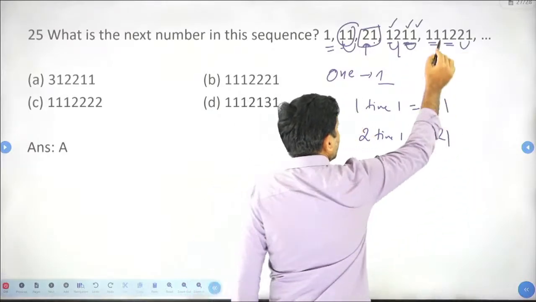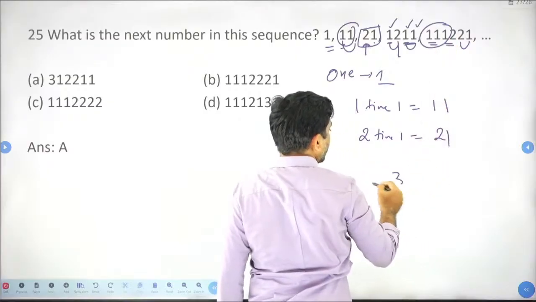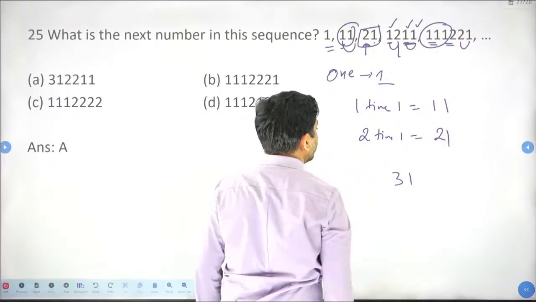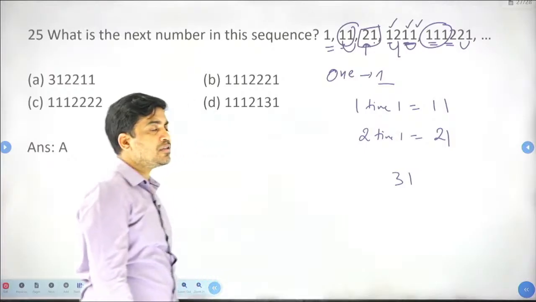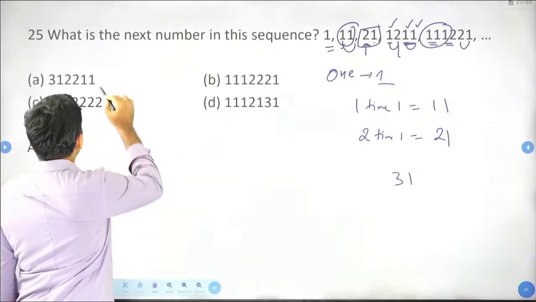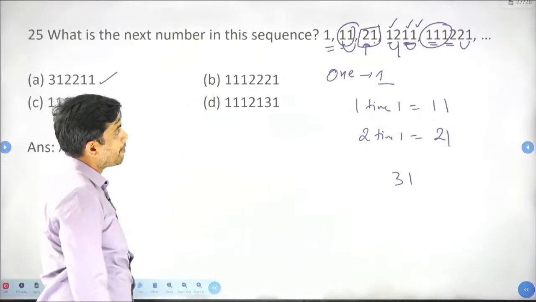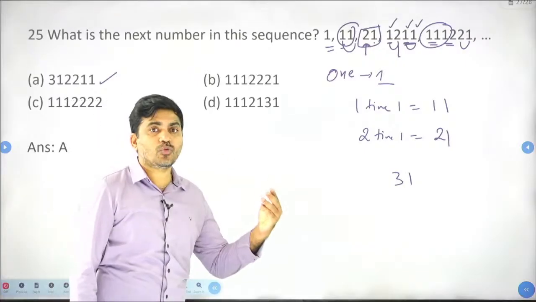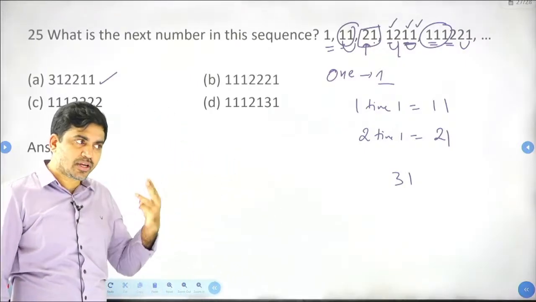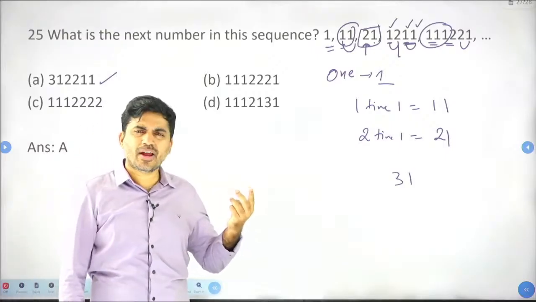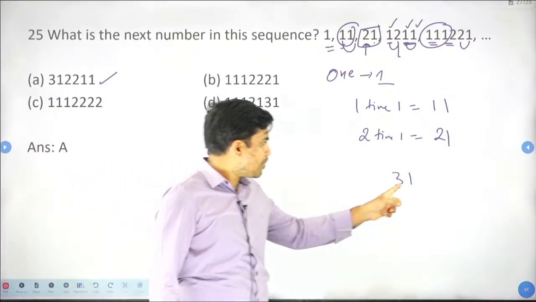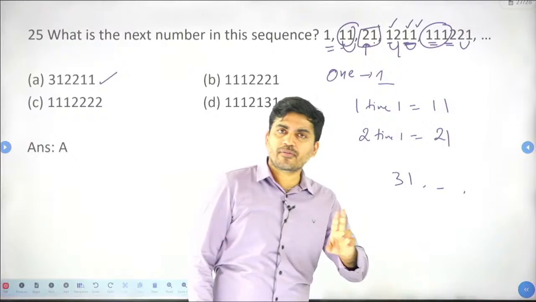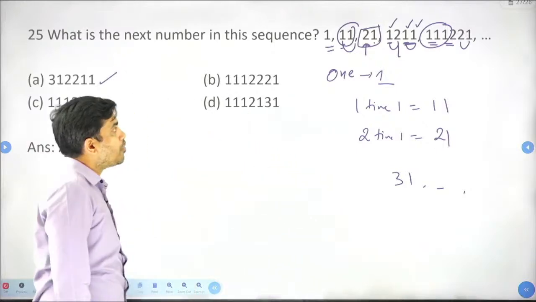Next. 3 1s given. Write down 3. 1. So your option should start with 3, 1. Means option A, because in the last one 3 ones given, so write down 3 then 1. Okay, no need to work on the remaining numbers because with 3 1 only one option is given, option A.